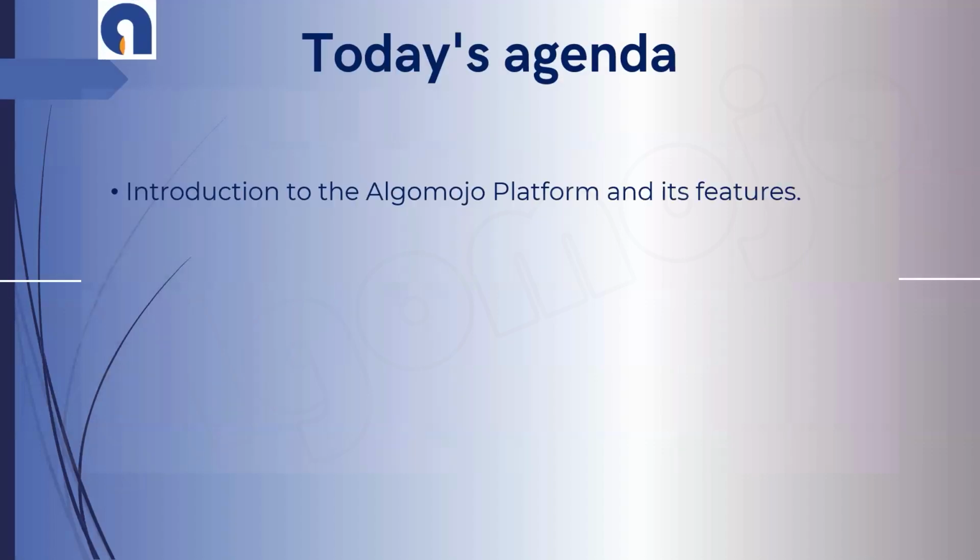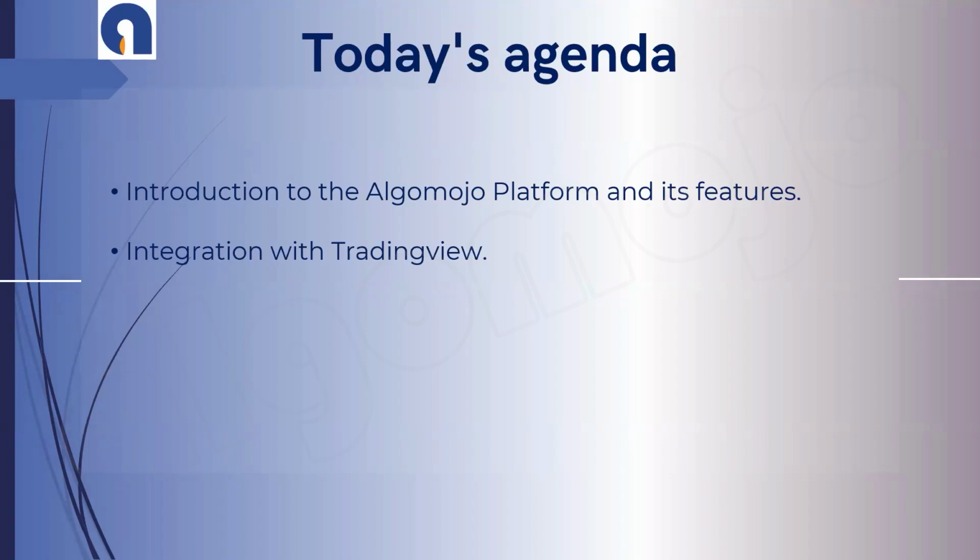The agenda for today is we will start with a small introduction to the Algomojo platform and go through some of the features that are available for investors and traders. Then let's look at how we do an integration using TradingView. In TradingView, we can use a strategy or an indicator. In case you have anything specific, let me know.